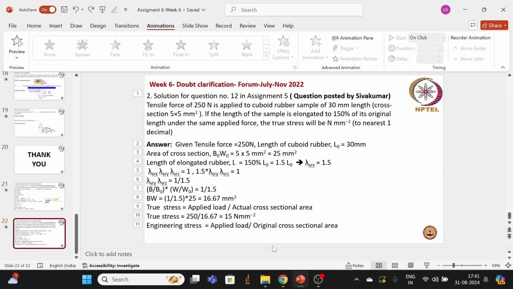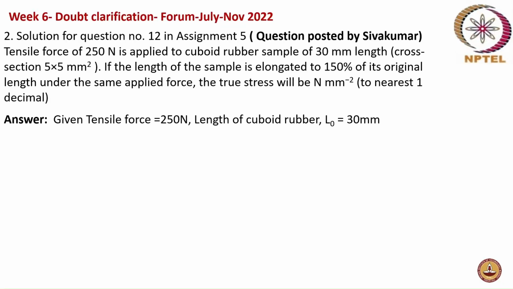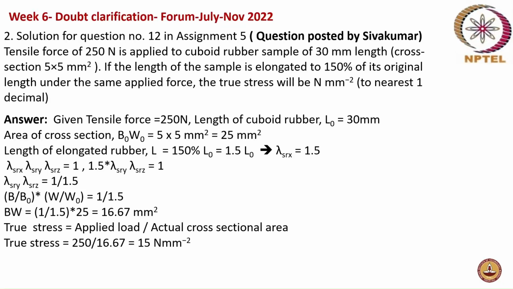Okay, that's it. What is the difference between true and engineering stress? True stress takes the actual cross sectional area, because since you're considering the system to be incompressible, the volume remains constant. That means if there is an increase in length, there will be a decrease in cross sectional area.